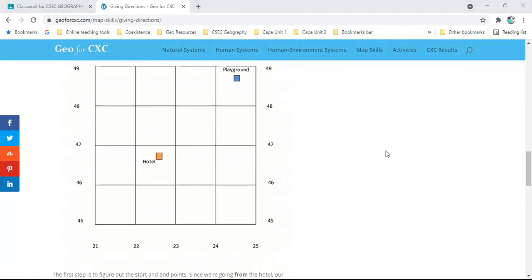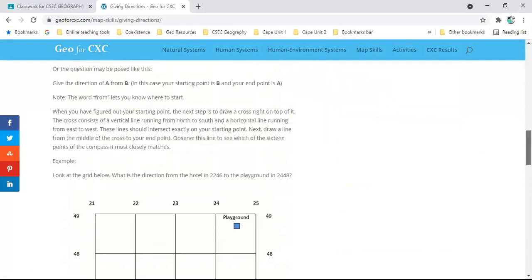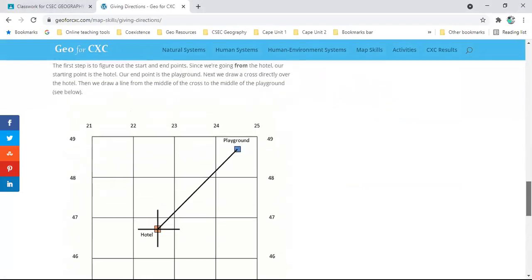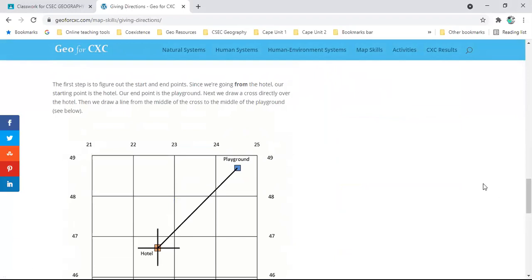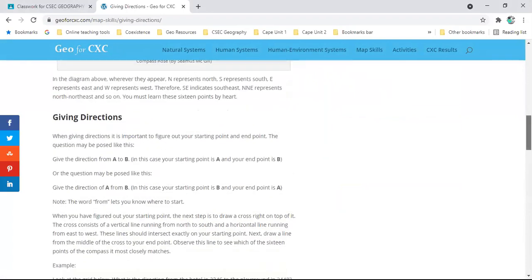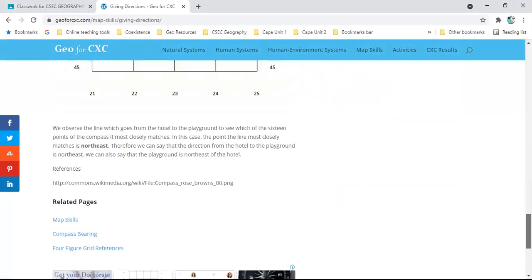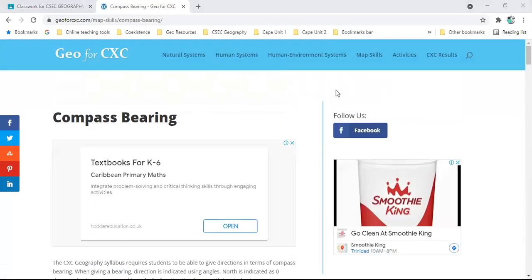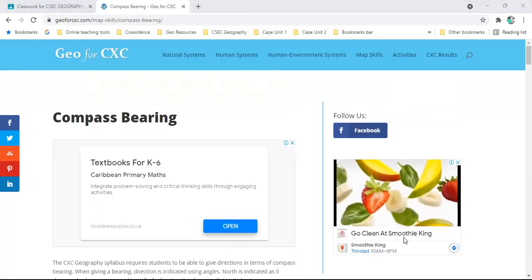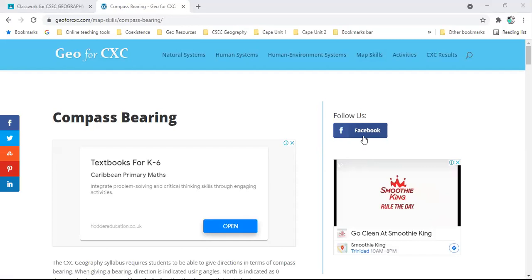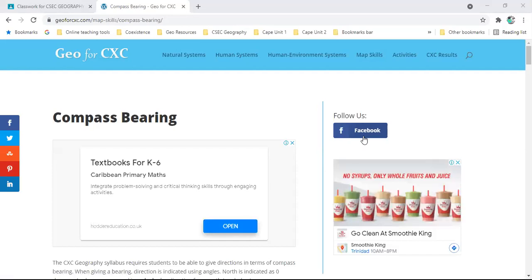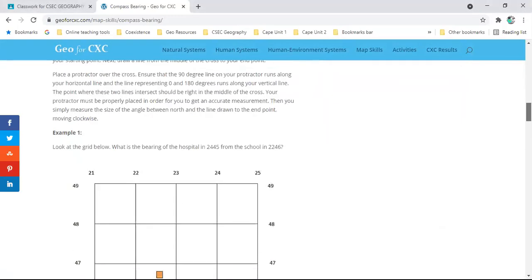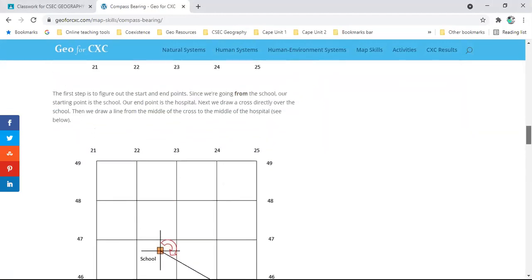All right, so with angular bearings, let us look at it. They don't go in depth, but it's very good for quick revision, like how I am doing here.